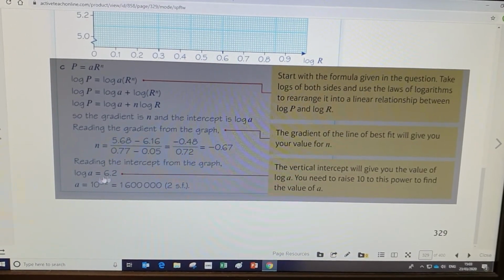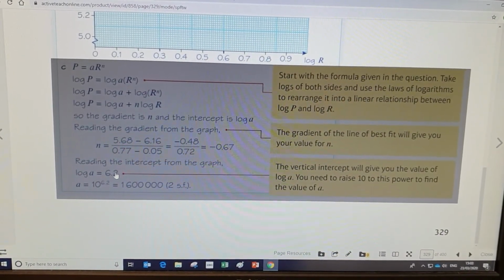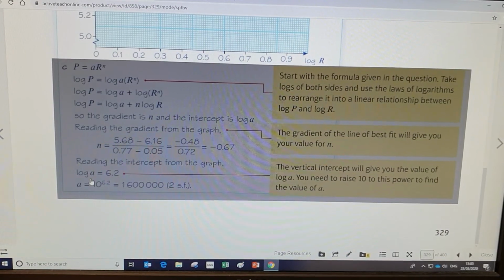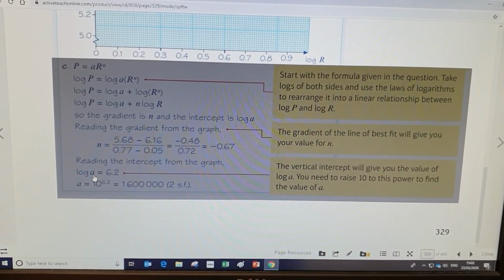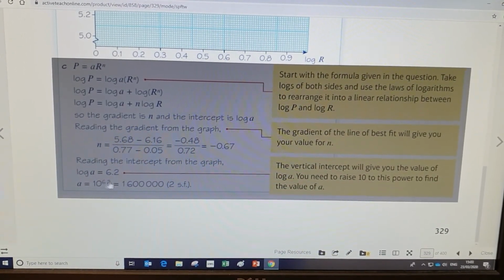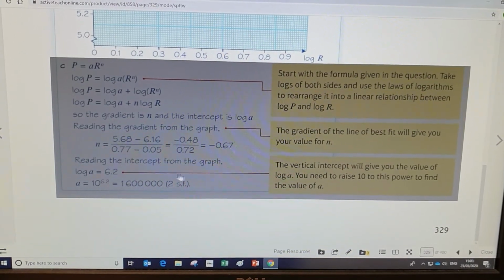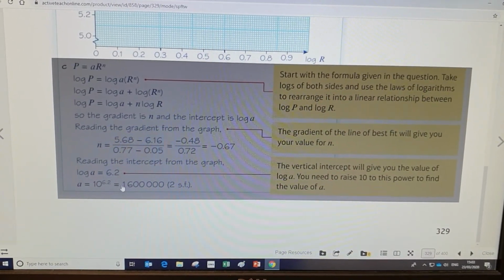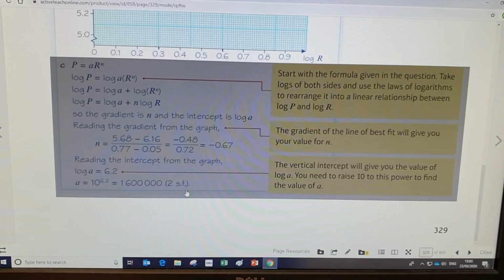So we use logarithms. If log A is 6.2, then 10 to the 6.2 equals A. So A equals 10 to the 6.2, which you can just work out to two significant figures to be 1.6 million.